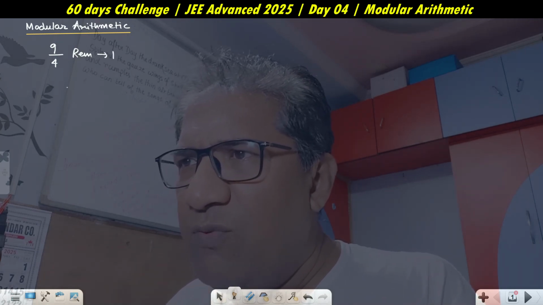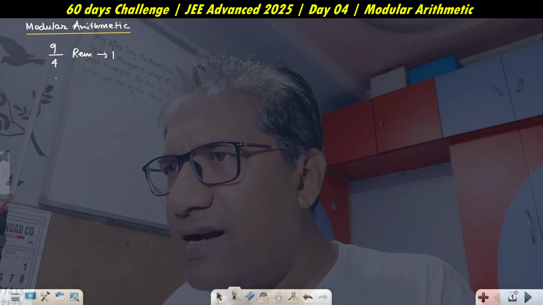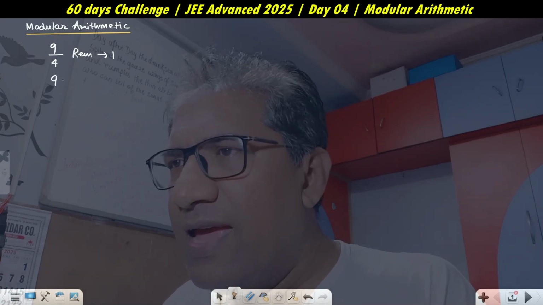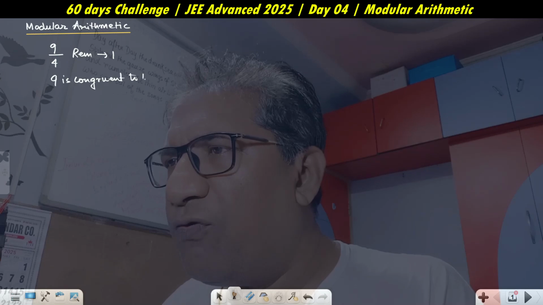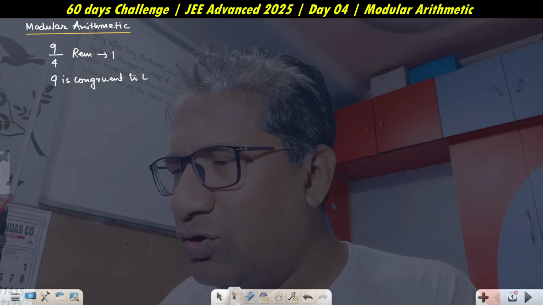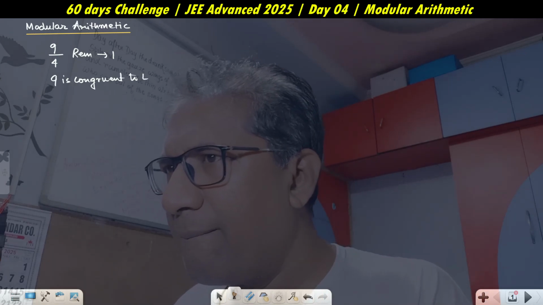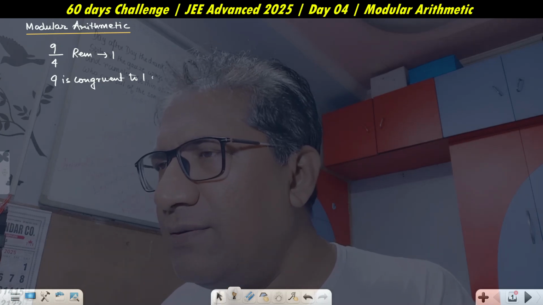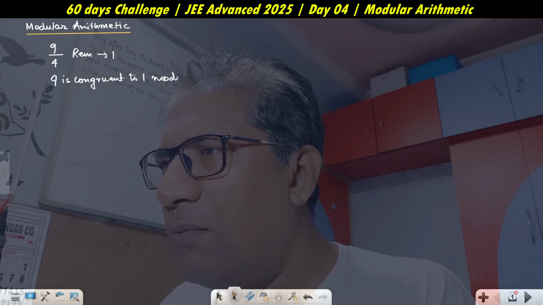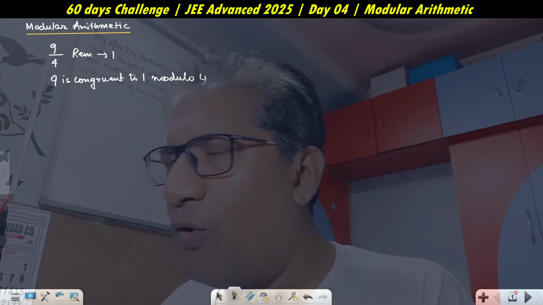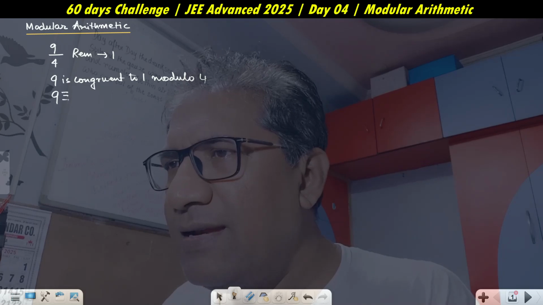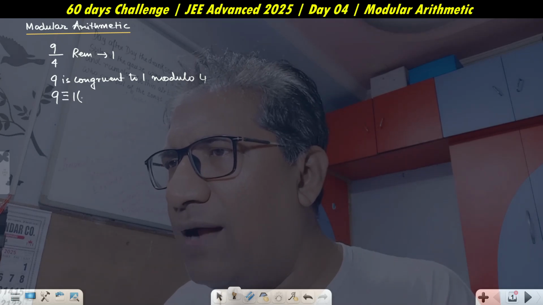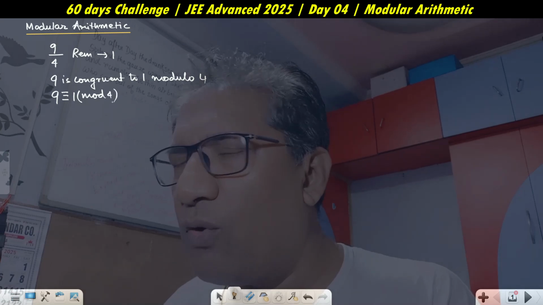So this thing we write in this way, that 9 is congruent to 1 modulo 4.